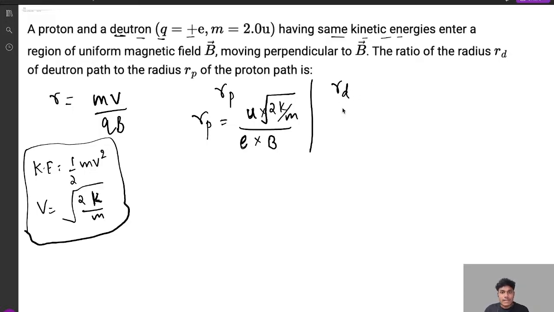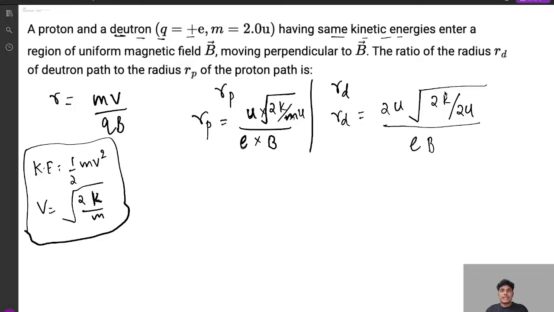Now for RD, that is equal to the mass of deuteron, which is 2 times the mass of proton, that is 2u, into root of 2K upon 2 mu, upon the charge, that is e into B. Understand the ratio of RD upon RP.